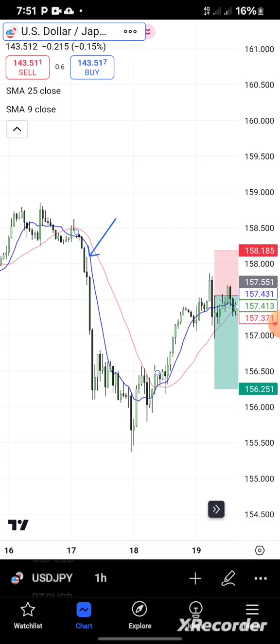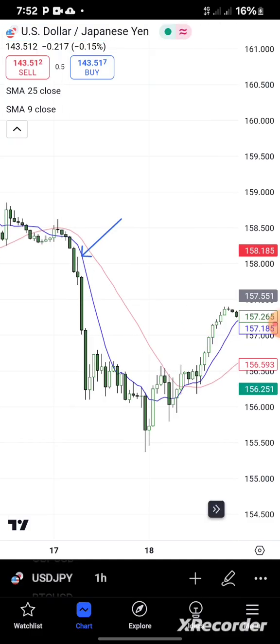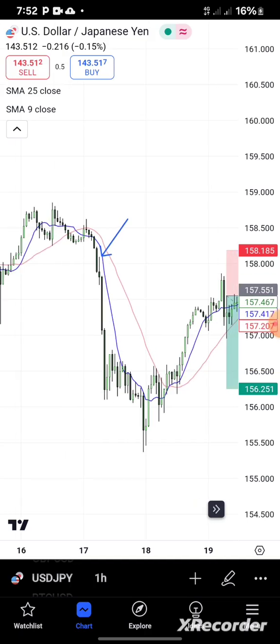That's why there was a consolidation. You see that doji candle. If you zoom into the 5 minutes or the 15 minutes, you can see that there is a consolidation there. That is when buyers and sellers are equal in the market.